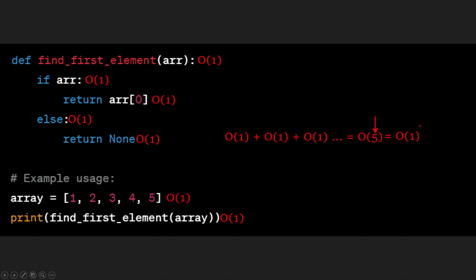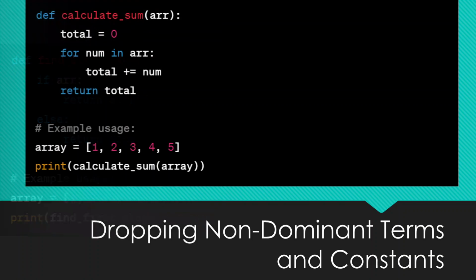So let's look at another example so that we can get an even better understanding of this. So here we have a function to calculate the sum of items in an array. So that is what we have. So let's begin maybe here where we are declaring.